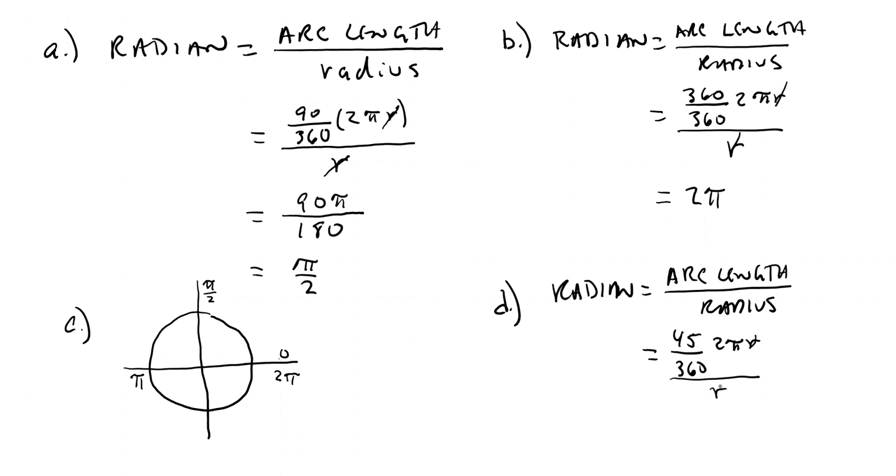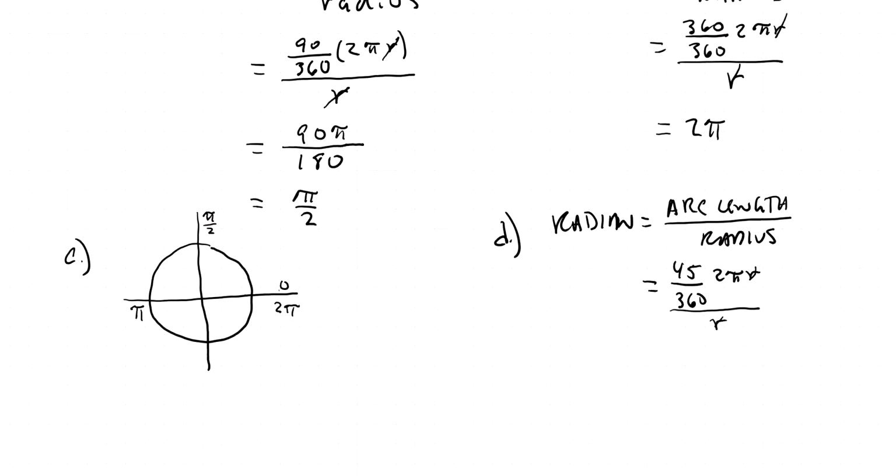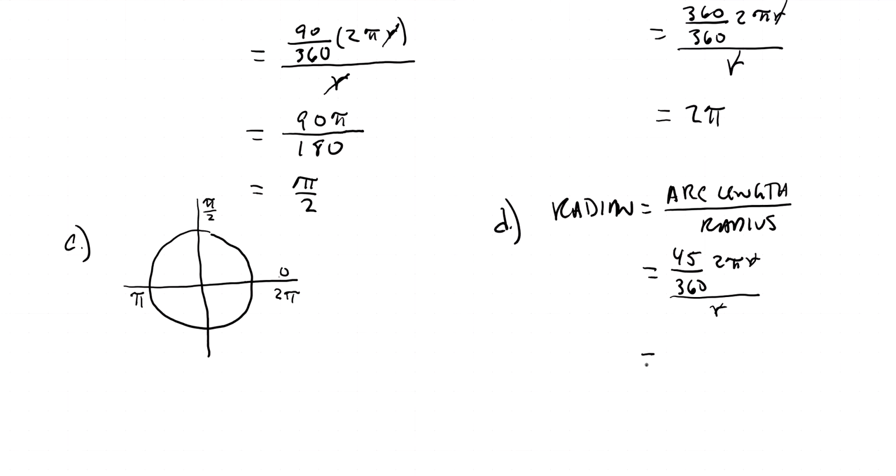The radius cancels out, and then 360 divided by 45 is 8, so this ends up being 2 pi over 8, and so that reduces to pi over 4.